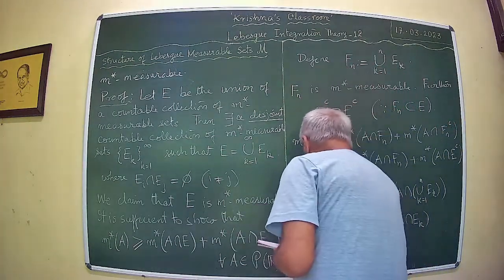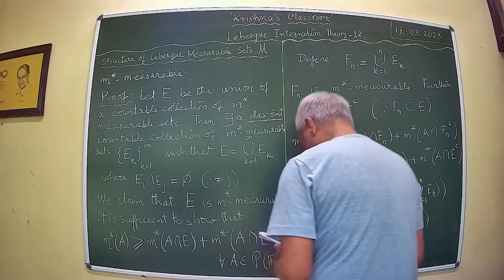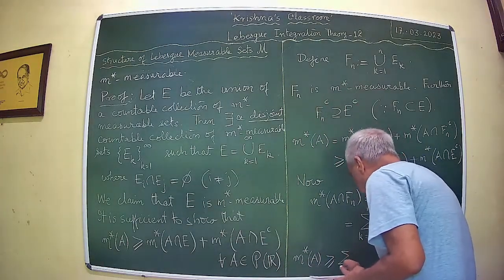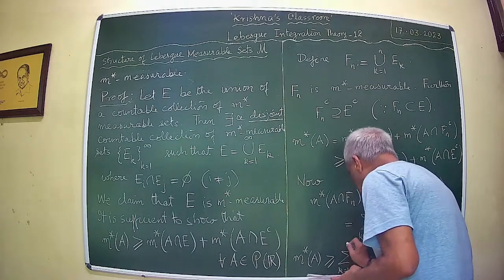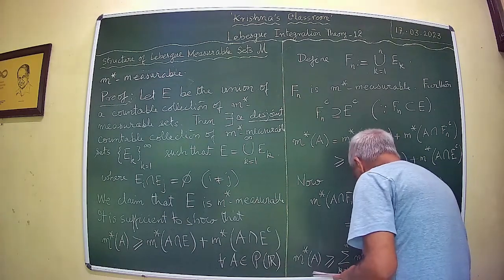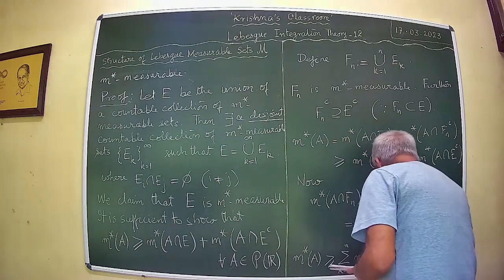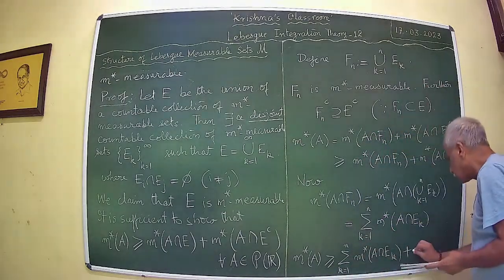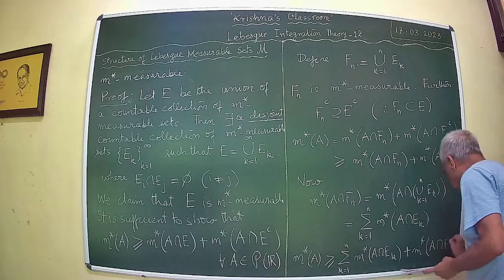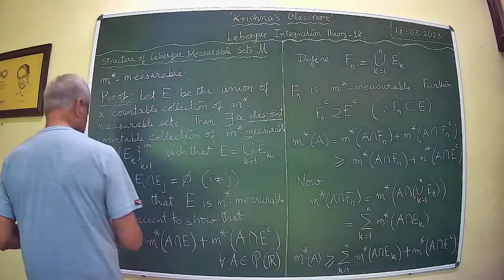Therefore, making use of this property, m star of A is greater than or equal to the sum from k equal to 1 to n of m star of A intersect E_k plus m star of A intersect the complement.